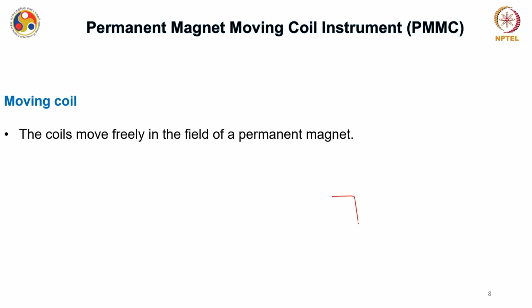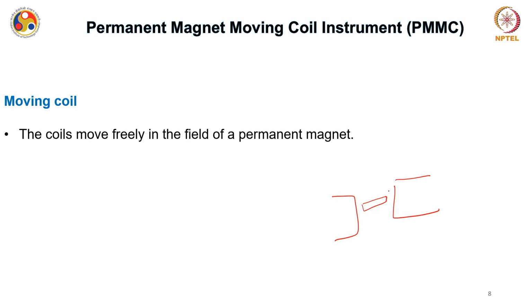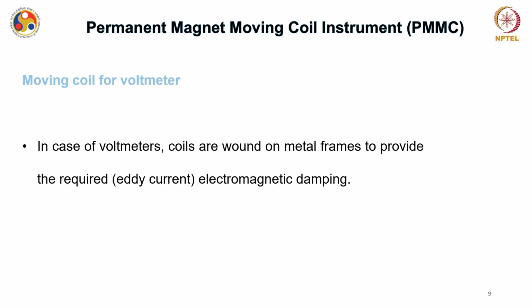So you have a permanent magnet, and this is the top view of this former, and on top of it this coil will move. You have, say, north and south, and when this kind of coil is placed, there will be a force acting over here and a force acting over here, and because of this there will be a torque. So the coil will move freely in this permanent magnetic field.